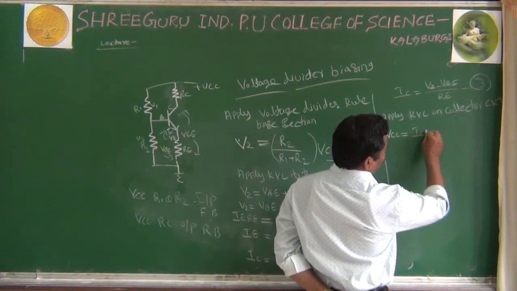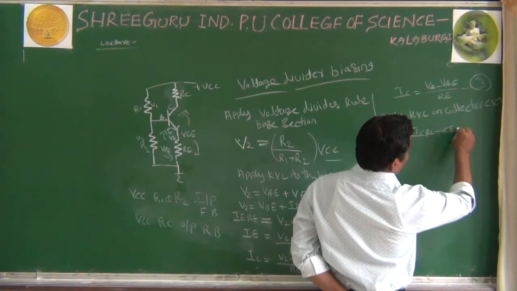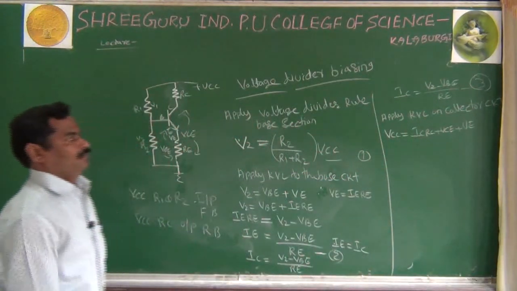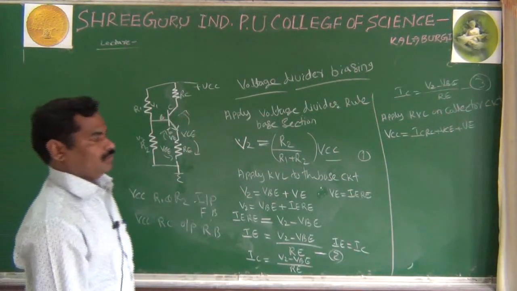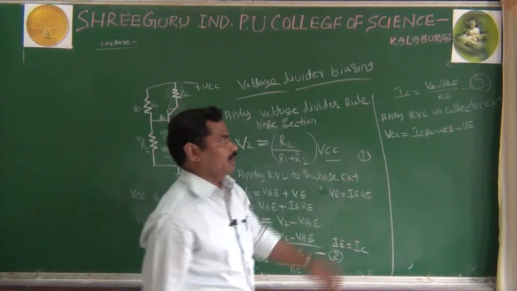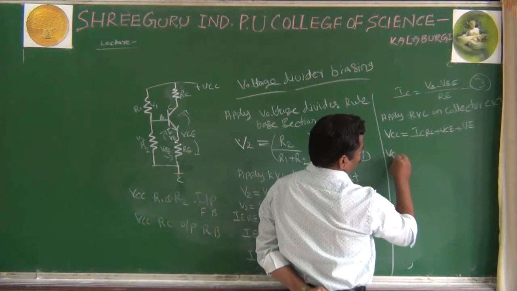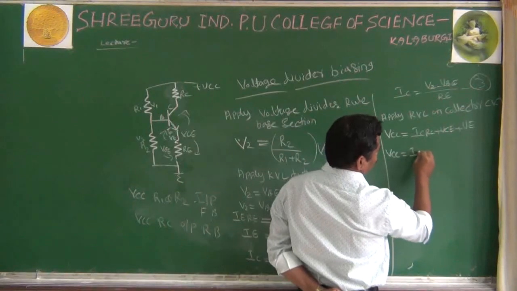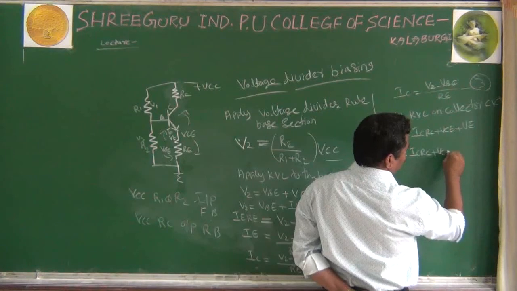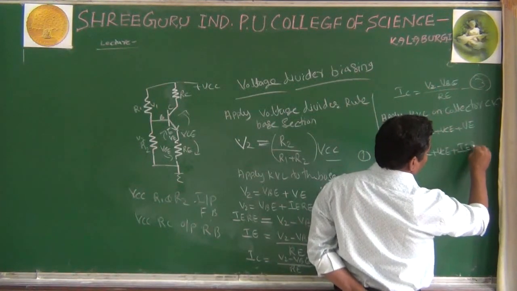In place of VE you can write VE is equal to IE into RE. VCC equal to IC into RC plus VCE plus IE into RE.